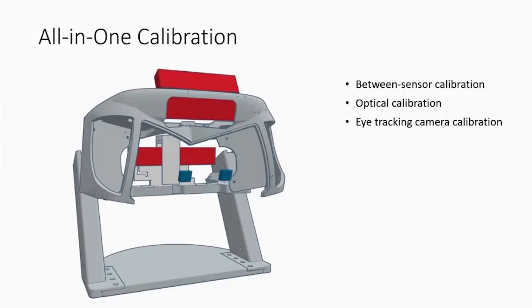And so each of these efforts I did is basically aimed at my, I would say, ultimate goal, and that's to design and implement an all-in-one calibration method, which would interconnect all these things I mentioned, and at the end of the procedure, it will give you the relative offsets, or translations and rotations, between the tracking sensor, the Leap Motion sensor, the position of your eyes, which would be derived from 3D optical calibration, and also the position of the eye tracking cameras.